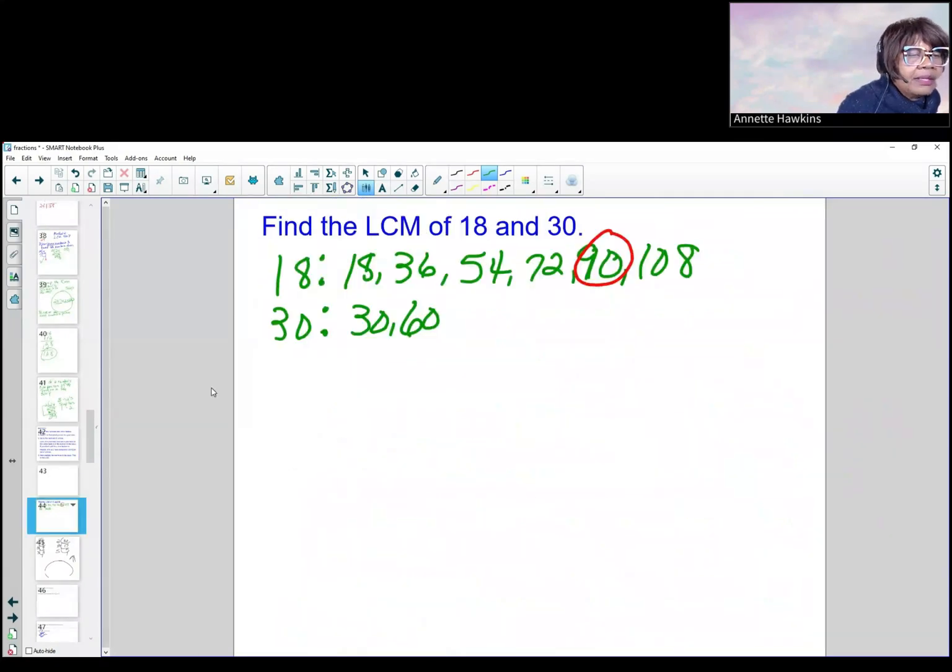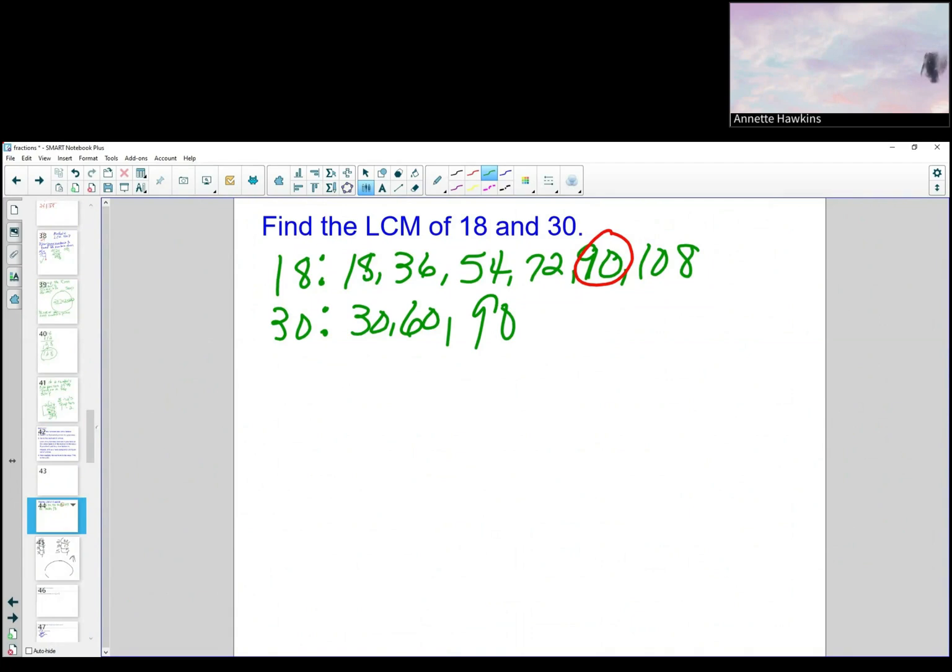All right, good enough. So here's one. Find the LCM of 18 and 90. I'm just using the multiple method. So this is 18, 18, 36, 54, 72, 90. And we know 30, 60, and 90.